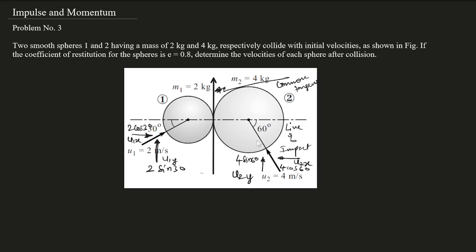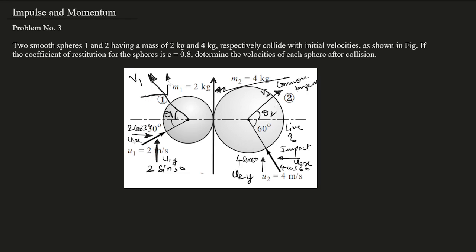Now what will be the final velocities? We have to determine the final velocities. When we have the initial velocity in this direction, the final velocity will be in this direction. Here we'll have theta 1, because we don't know at which angle this velocity will be. This is v1, and similarly here we'll have the velocity v2 at theta 2. Again v1 and v2 are inclined, so here again you will have a resolution.